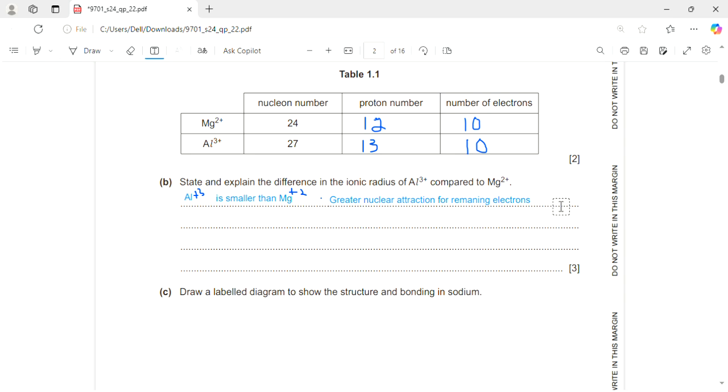Also, we have the same shielding effect, and greater nuclear charge.